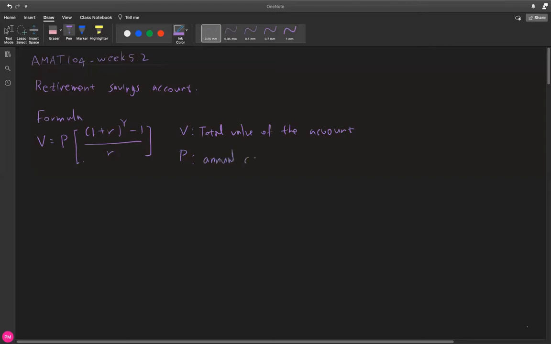Annual contribution. And here, Y is the number of years contributed. And lastly, R is APR in decimal.